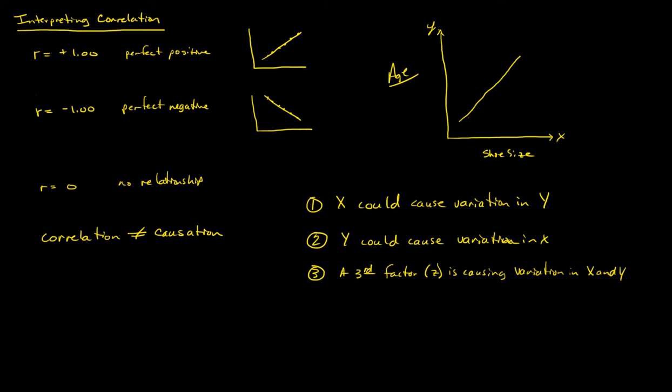What we don't know is which of these three situations is actually going on. Just because we get a relationship that's maybe close to 1 here between age and shoe size doesn't mean that age is causing shoe size to increase. Y is causing the variation in X. Doesn't mean that shoe size is causing age to increase. X is causing the variation in Y. Or is it some third factor, biological maturation, that's causing age to increase and causing shoe size to increase?